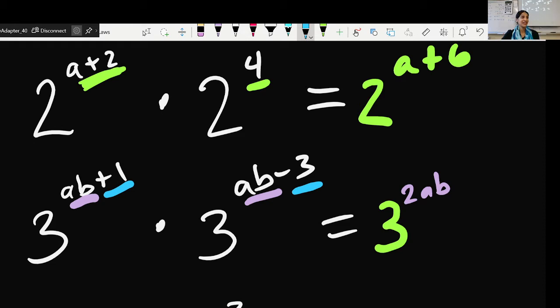It's going to be -2. Everyone good with that? So the answer, because there's nothing else we could do with this, would be 3 to the power of 2ab minus 2. That's how we would leave this, because we don't know what a and b are. So we leave variables in our answer for our expression.